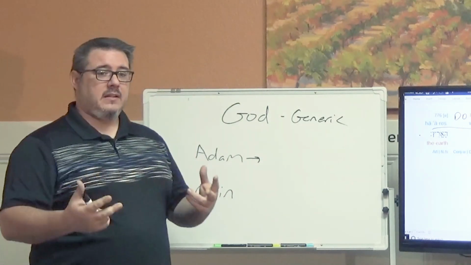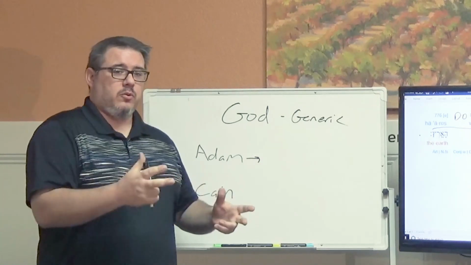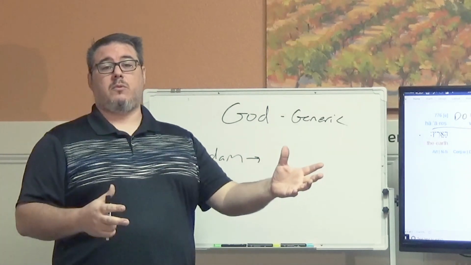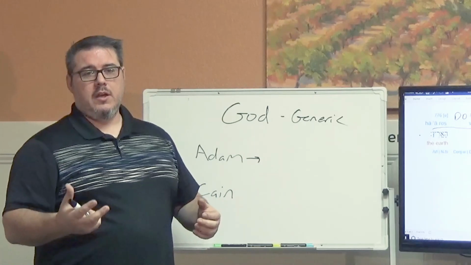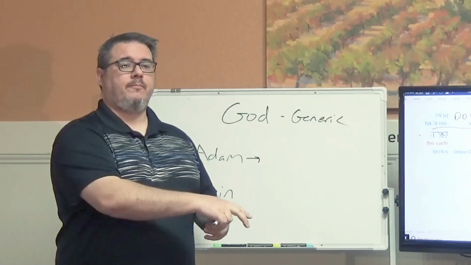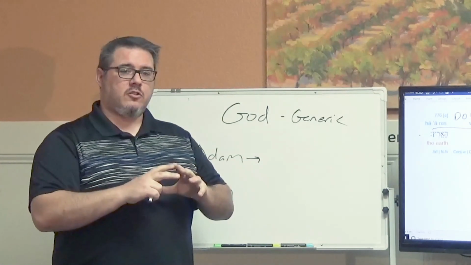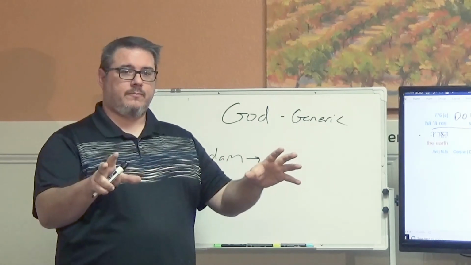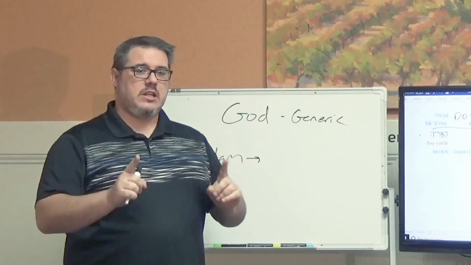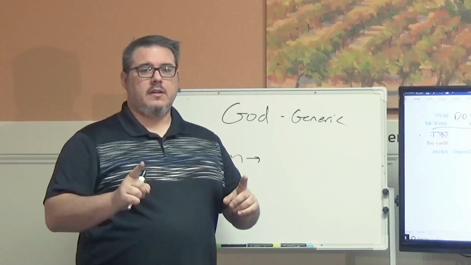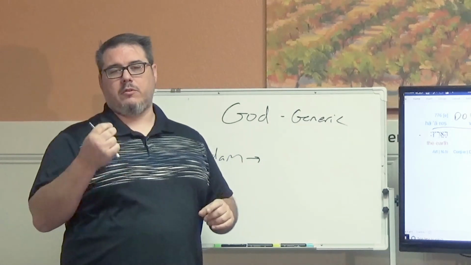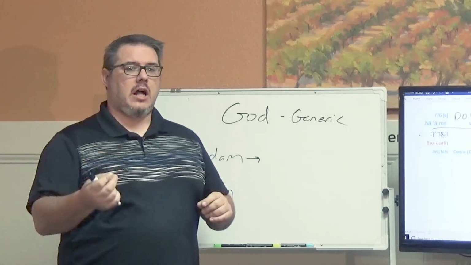And Cain got upset because Abel's sacrifice to God was accepted and his wasn't. So Cain killed Abel. At that point, we have a split in the human race. And two genealogies are given. This is the significance a lot of people don't see in reference to genealogies.